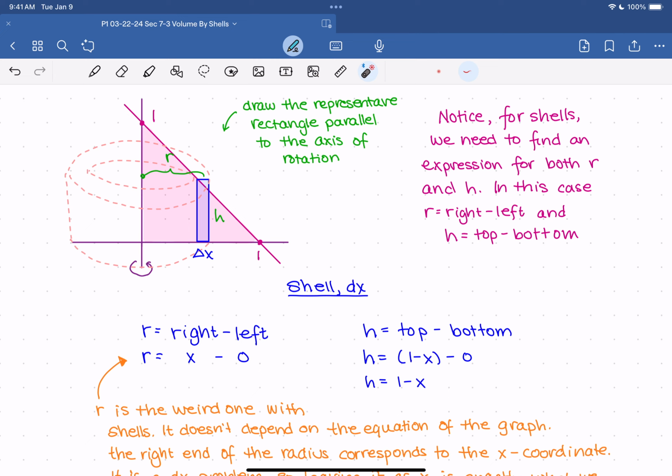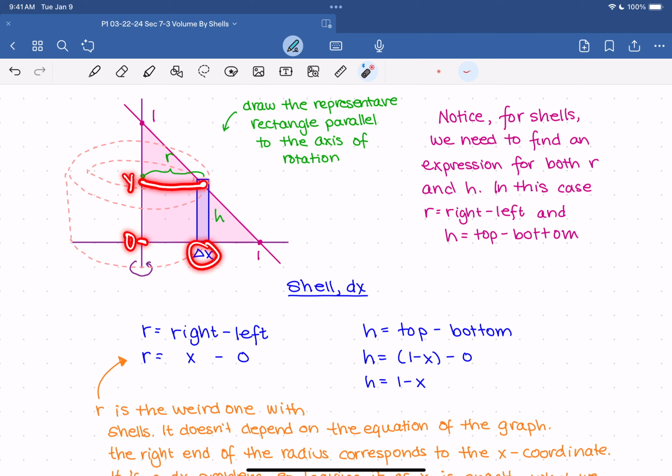Think about it this way with our height. So our height is top minus bottom. We could say then that the top is just always going to line up with the y coordinate. So the top is y and the bottom is 0. We could say y minus 0.